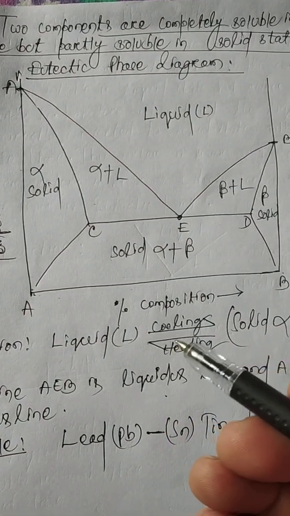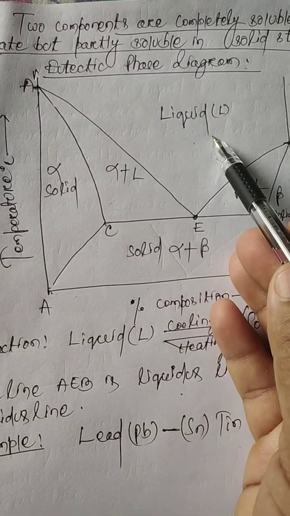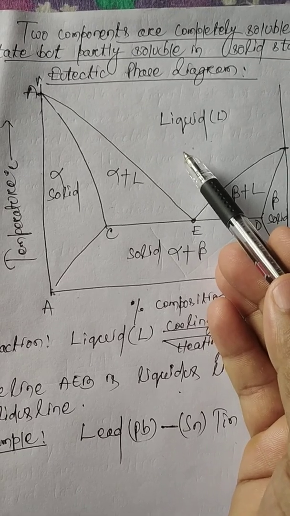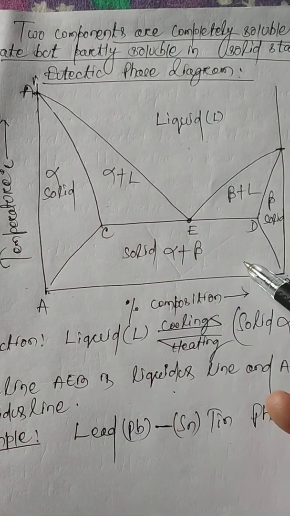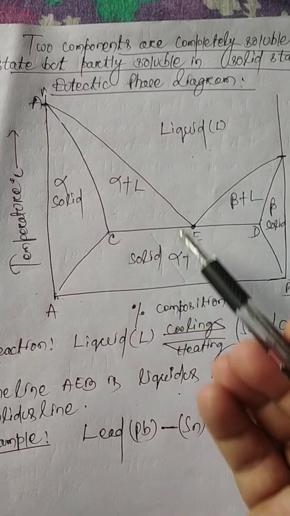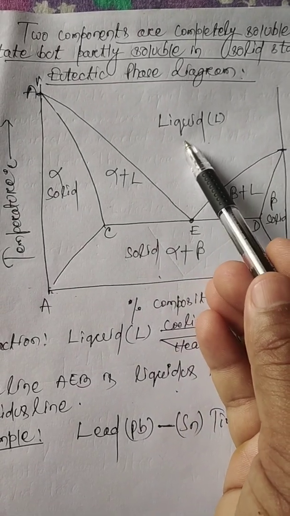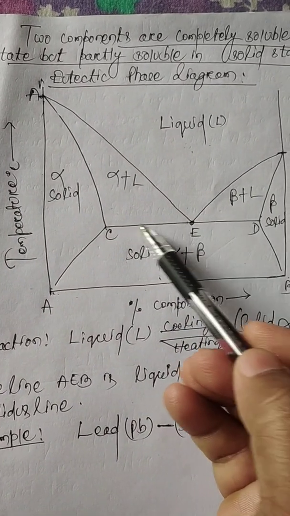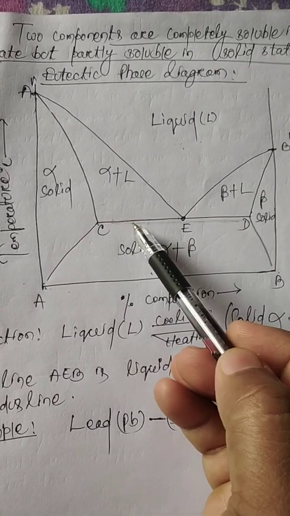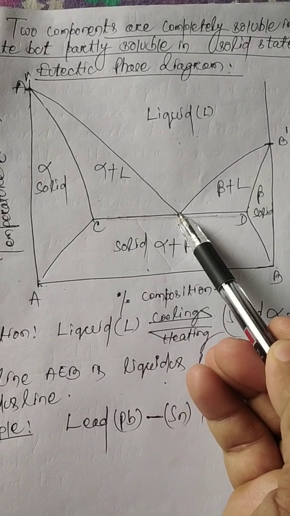Both the components form a liquid, and in the liquid state they are completely soluble. Now our aim is to make the alloy from the two components, so we want to reduce the temperature from the melting temperature to room temperature. At a particular temperature, this horizontal line is known as the constant temperature line, the eutectic temperature, and this point is the eutectic point.